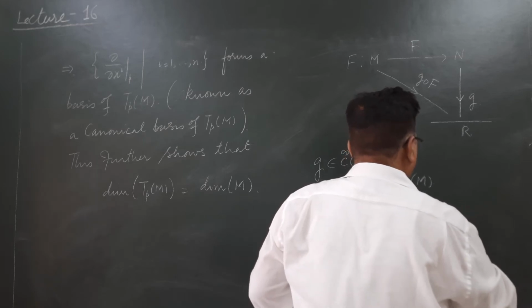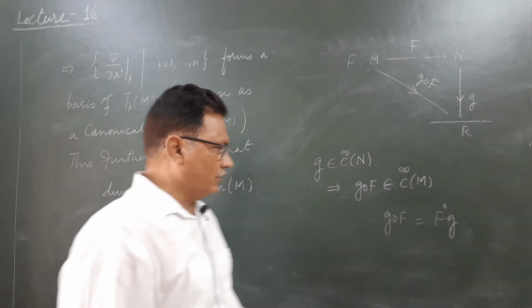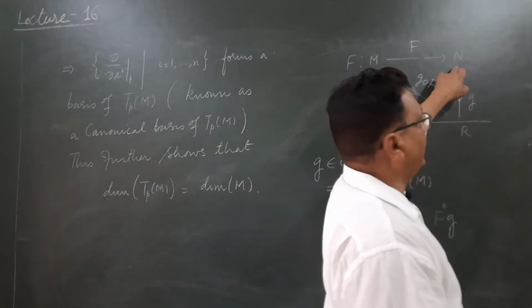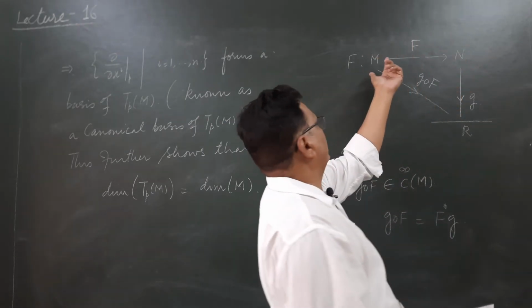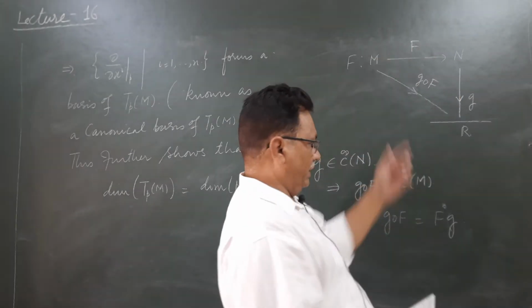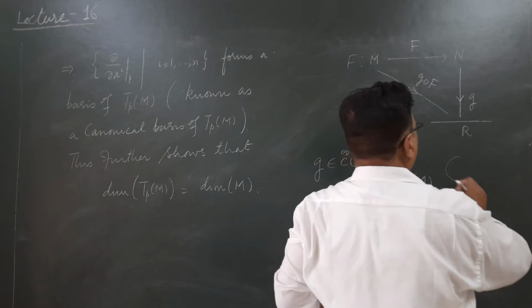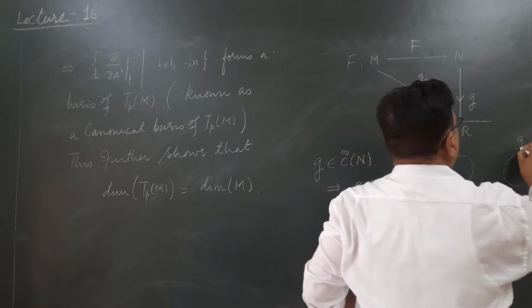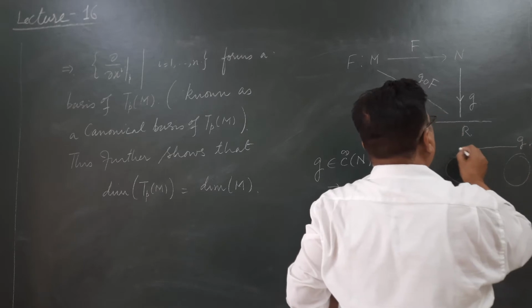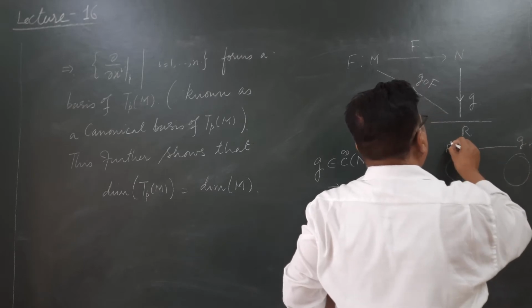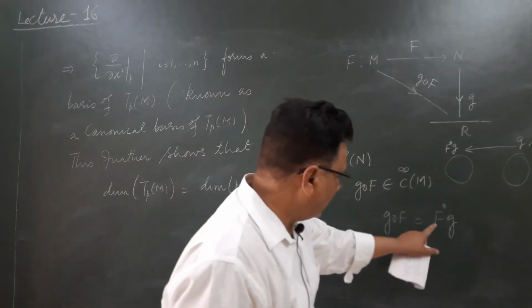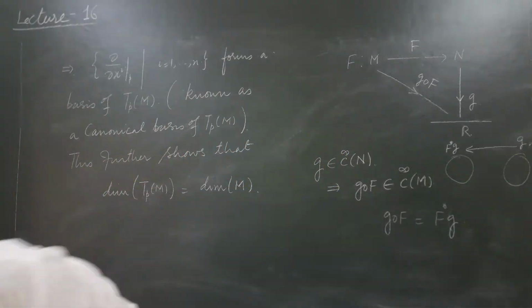Write it like this, F star g. And we will view this as if there was a function sitting over here on N, some function g, you have pulled it back and brought another function F star g onto M. So this F star can be treated as a map.